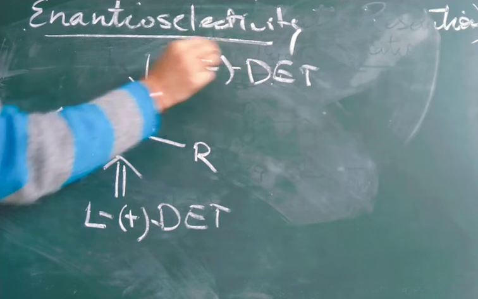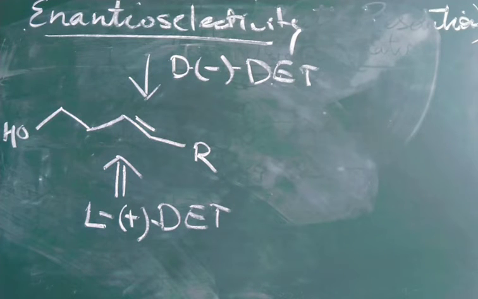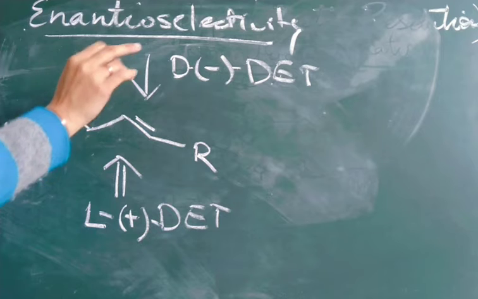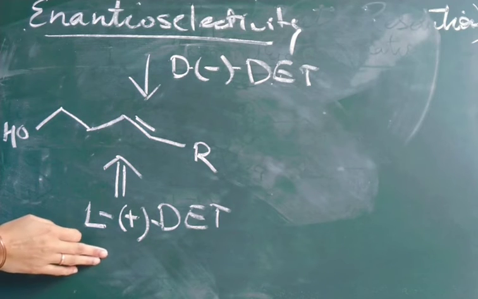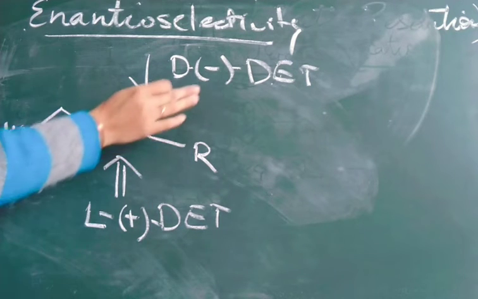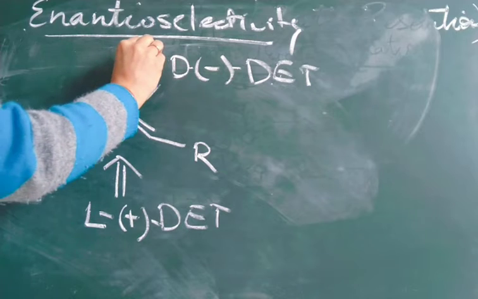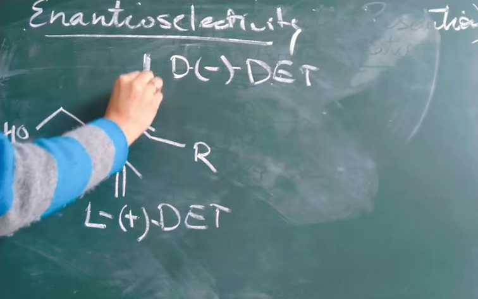Tartrate is a chiral ligand here. It is a very ideal chiral ligand here, and this levorotatory tartrate is extracted from the grapes, and this is very expensive. It is very rare in case.